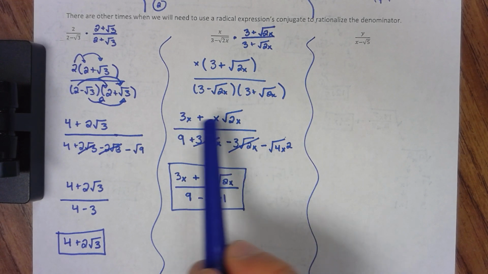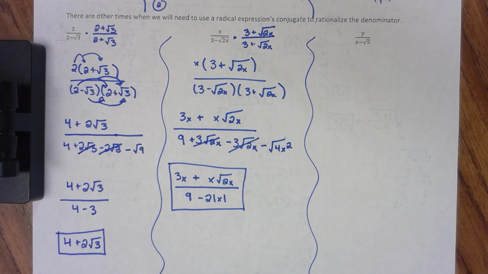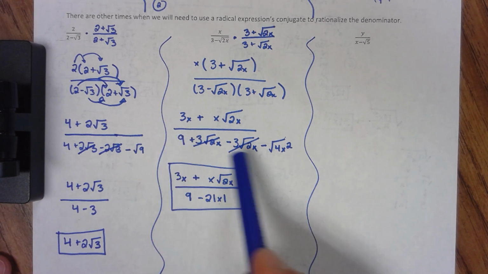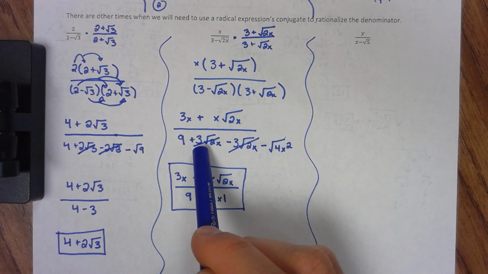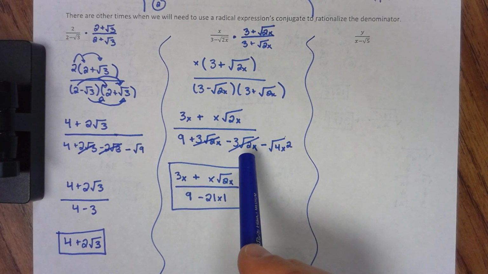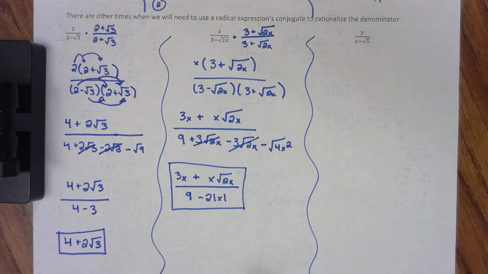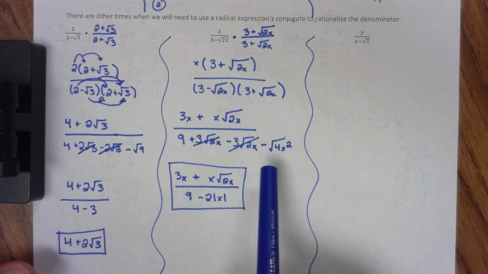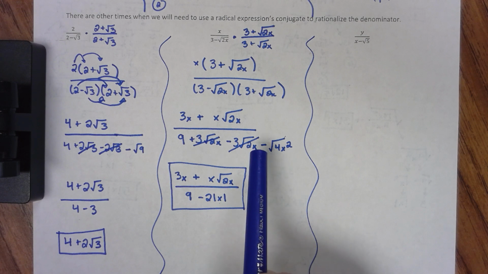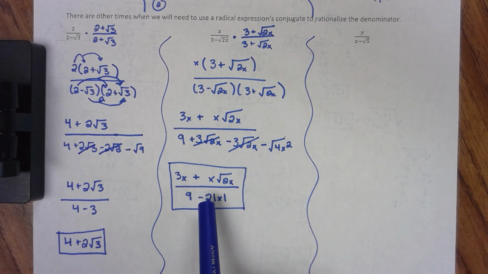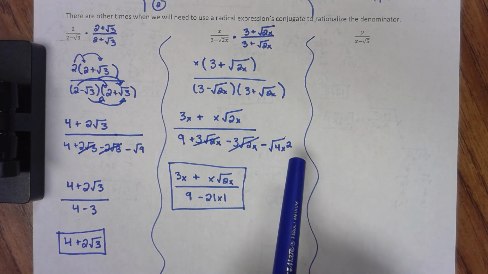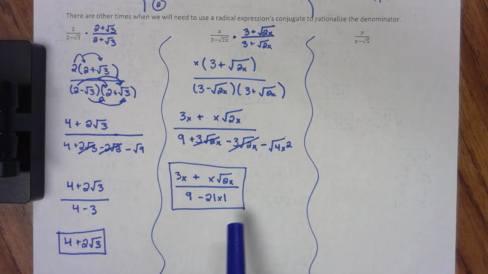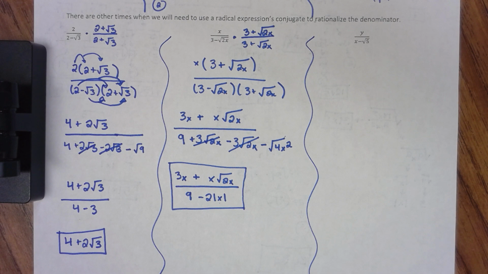So that makes the numerator 3x plus x times the square root of 2x. In the denominator, we get 3 times square root of 2x to cancel out with the negative 3 root 2x. And then I have this negative root 4x squared, where that simplifies to be 2 absolute value of x. Root 4 is 2, square root of x squared is absolute value of x. Nothing more that we can simplify here.